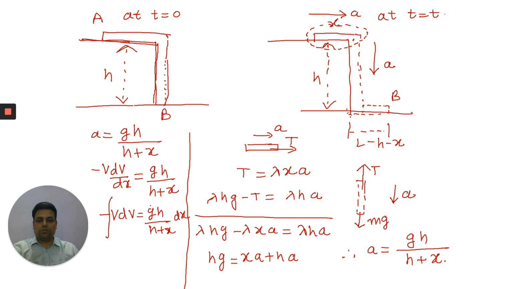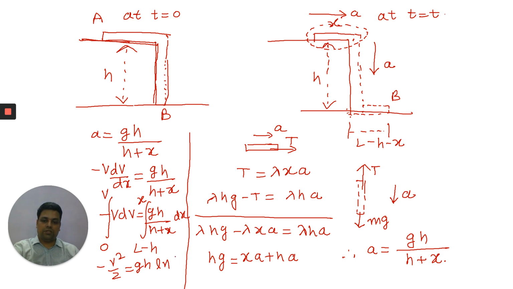We can take the integral on both sides. Initially it is released from rest, and let's say it has some speed v at the instant when the upper portion length is x. Initially the upper portion length was L minus h, and now it is x because we are integrating over x. So on the left side we have minus v square by 2 equal to g h, and on the right side a logarithm of h plus x, but we have to put the limits.